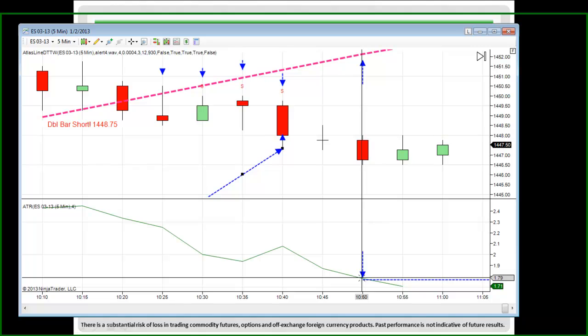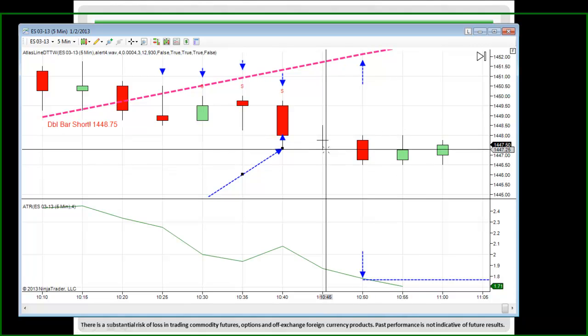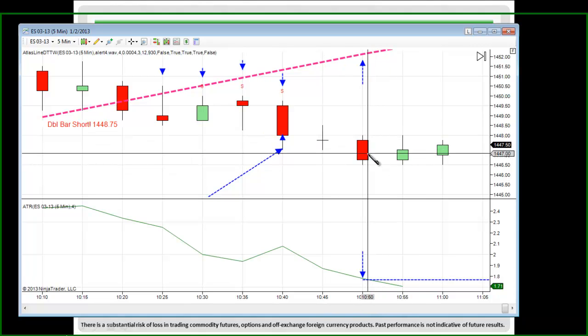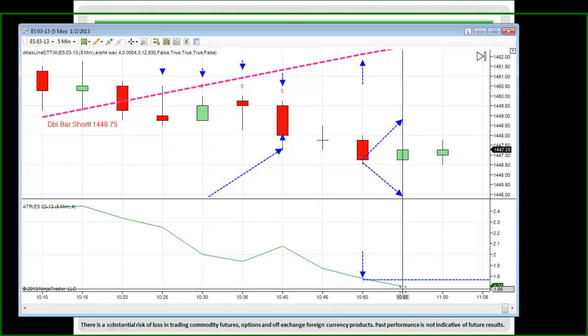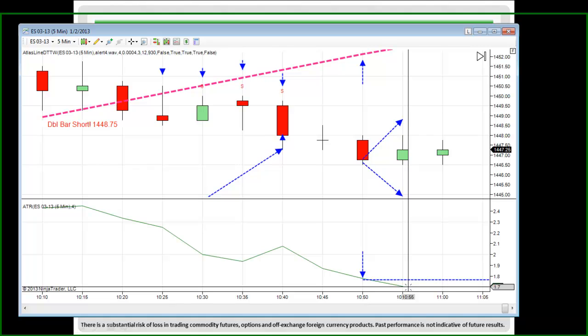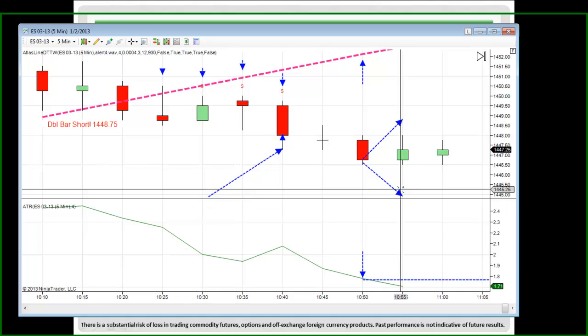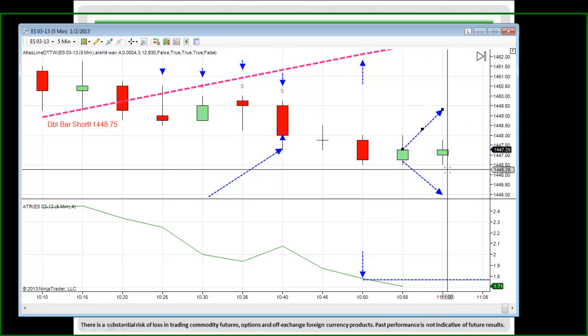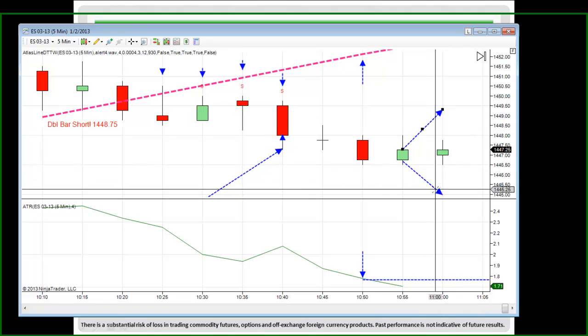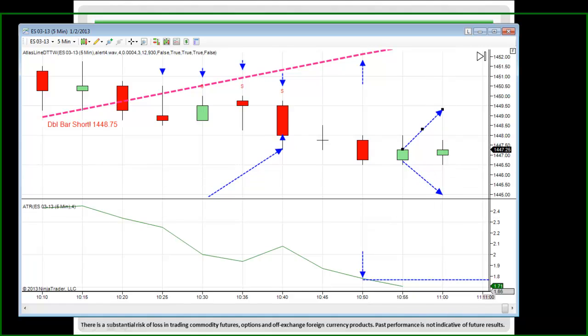So 1 3/4 of a point up or down is what I can expect at this moment. Now it's at 1.5 because I always round down, so I can expect 1.5 upward. So if I have 1 times the ATR, it's going to stop me out prematurely. So I usually use double the ATR for a catastrophic stop.